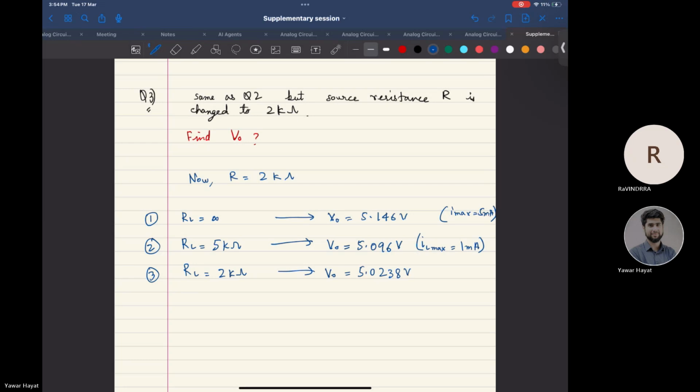And your IL would be how much? 2.5 milli. Okay. And when RL is 500 ohms, your output voltage would be 3 volts.